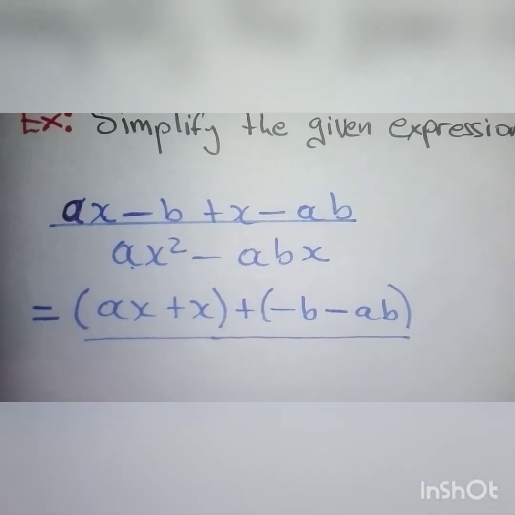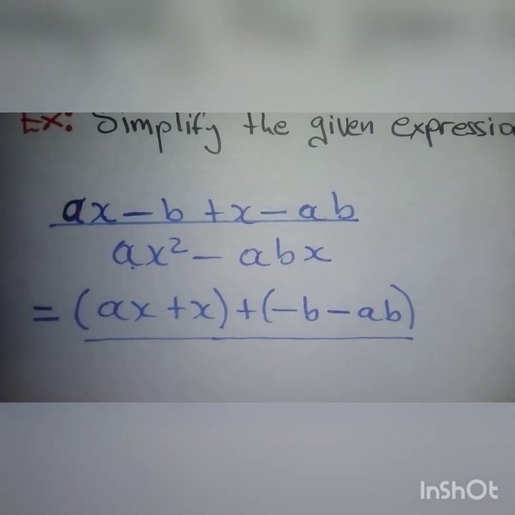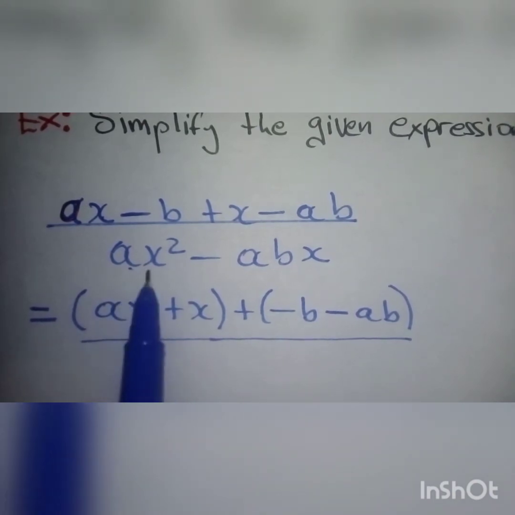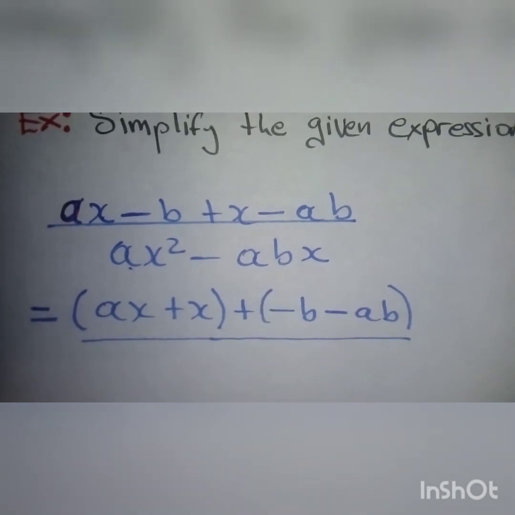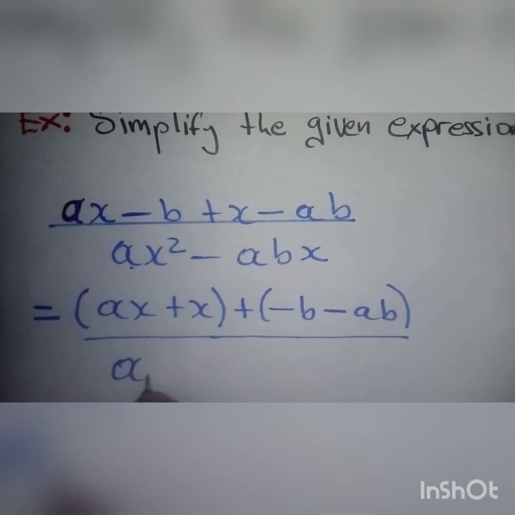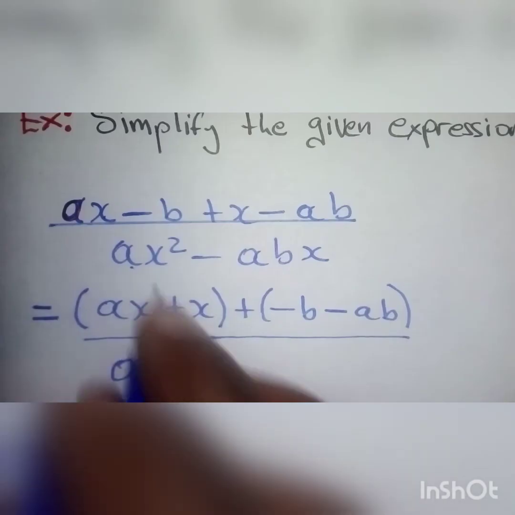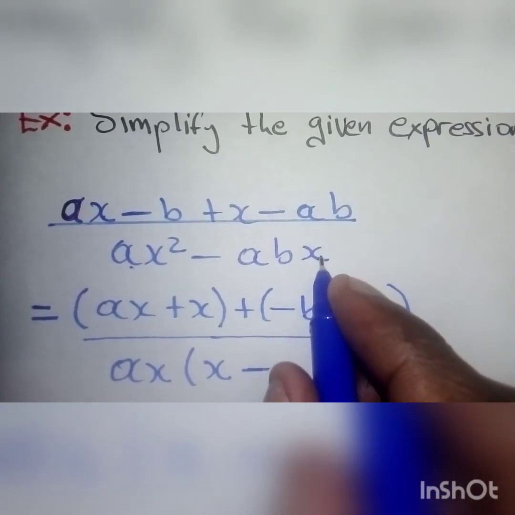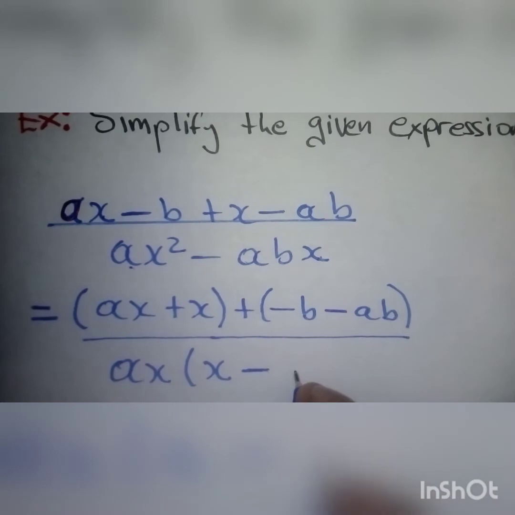Divide by, in the denominator, we said we factorize by factorization of a common factor. What is a common factor in the denominator? Our common factor is ax. And then we are left with x in the expression minus, we took out a and x, we are left with minus b.